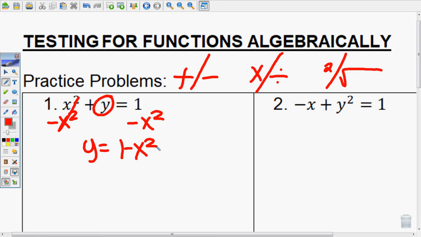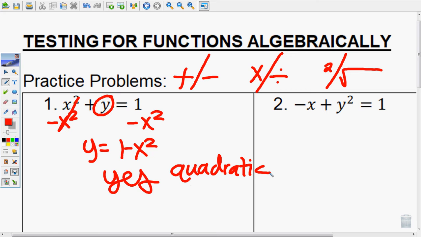Quadratic. It's a quadratic, yes. Yes, the parabola. So yes, this is a function, and to be very specific, it is a quadratic function. At this point in pre-cal, you should know what your general functions look like.